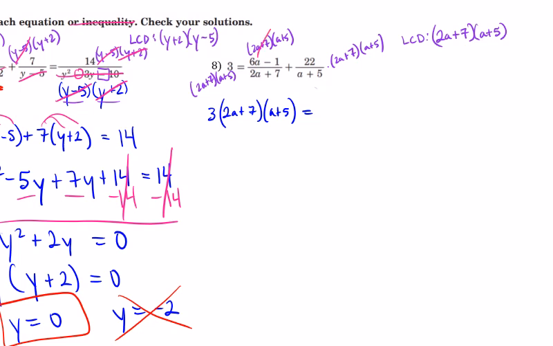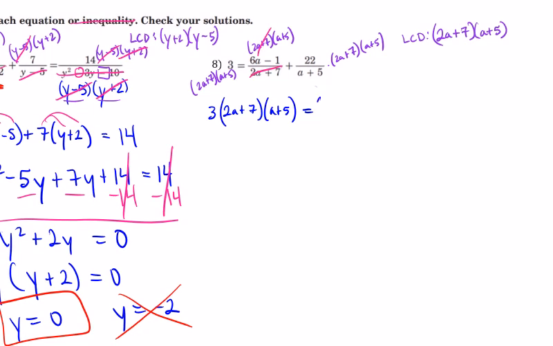Here, these cancel out, so I'm just going to have 6a minus 1 times a plus 5, right? So I just have this left times this. Don't forget the parentheses, so we're going to actually have to FOIL there. And then plus, here the a plus 5s cancel out, so I'm just going to have 22 remaining on top, multiplied by 2a plus 7.